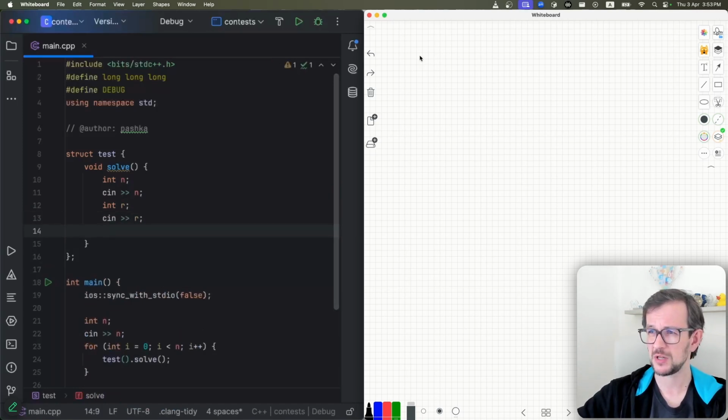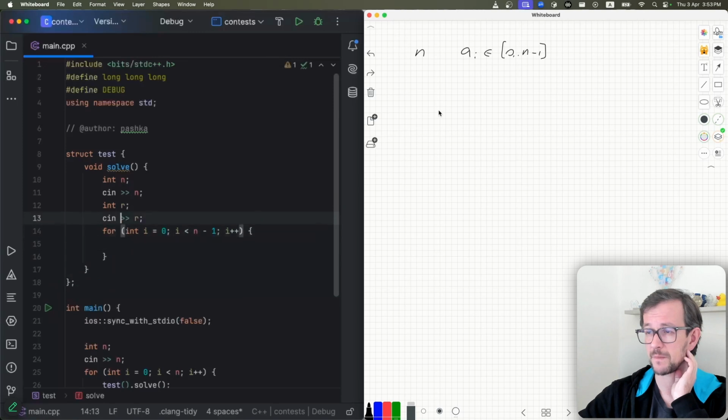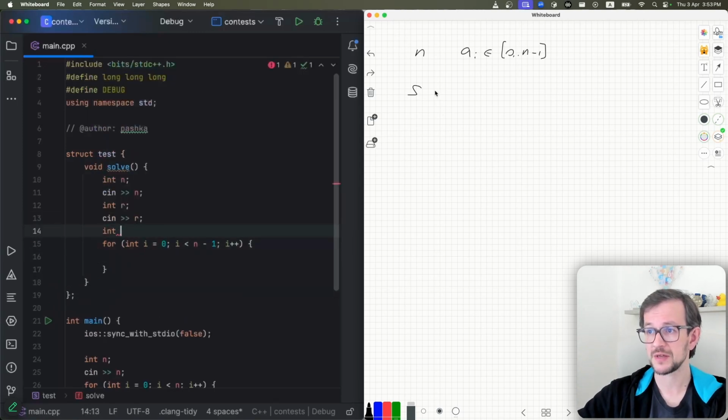So let's see. We have n people, and we have numbers from 0 to n minus 1. In this problem they are from 1 to n, but it doesn't matter. Let's shift it one position so it's easier to think about. Let's look at the sum of all the numbers modulo n.